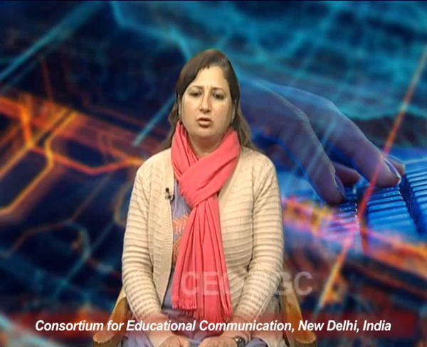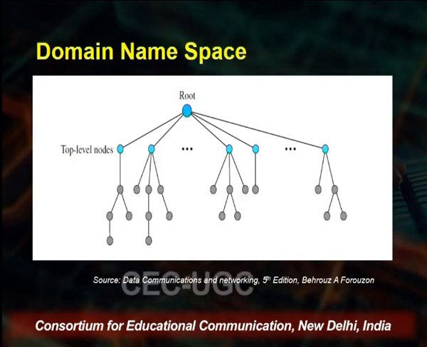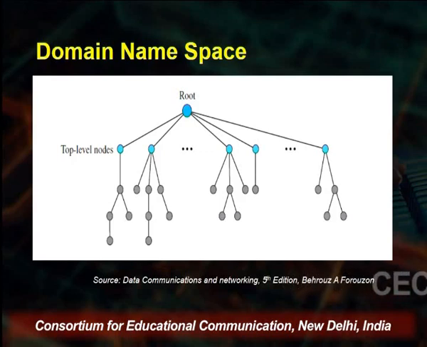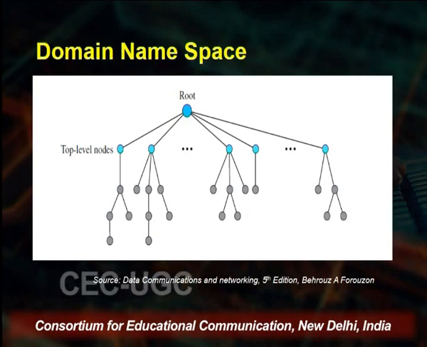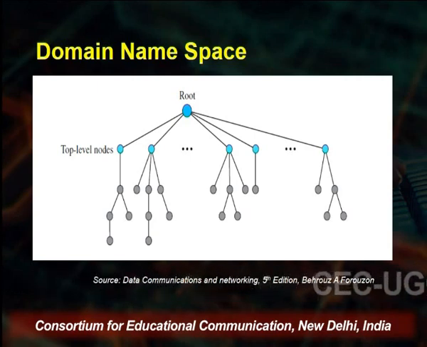If you look at this diagram, it clearly shows how the domain name space is organized. The topmost is the root and then you have the nodes. It is like an inverted tree because the root comes at the top and the nodes come below the root. This structure is very important because the same structure will be used to understand the entire idea of domain names and how the names are assigned.